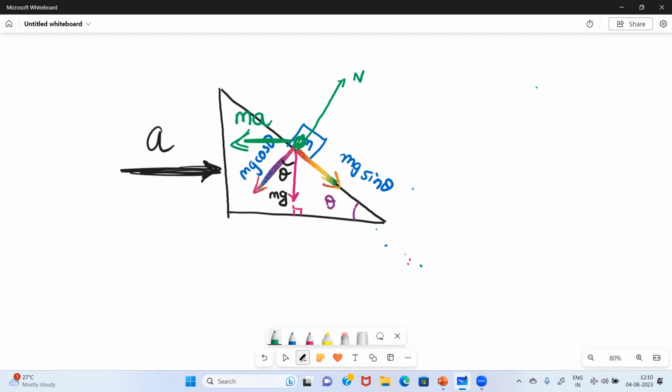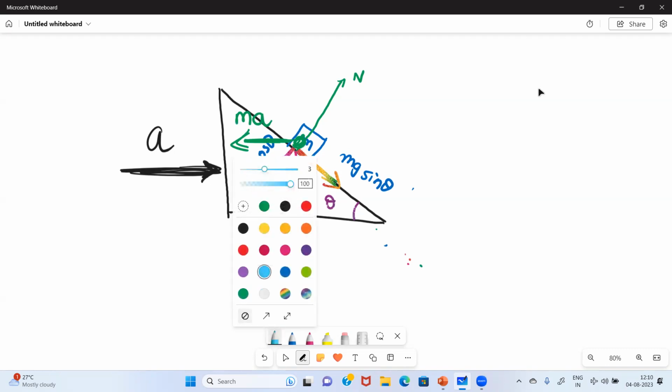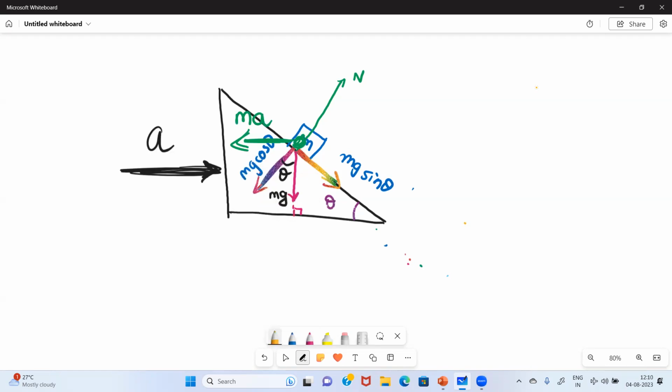Now, once again, a little bit of geometry, guys. Now this MA, I'm going to resolve into components, indicated by yellow color. 2 components.